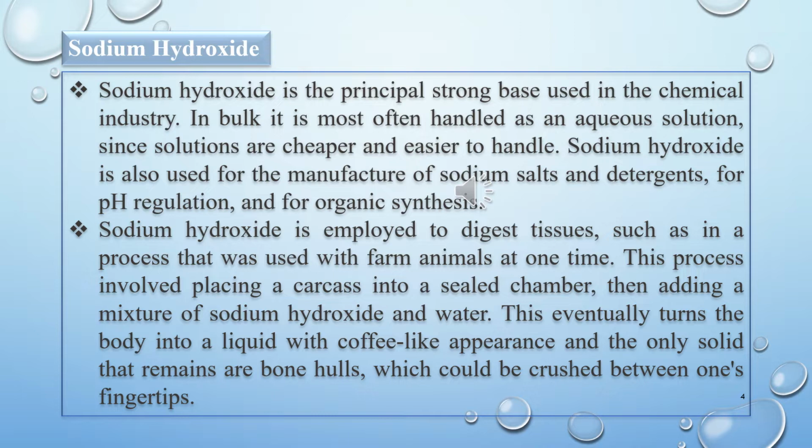And the remaining things are just bones, which are very soft now, which can be crushed by fingertips. So this is the main introduction of sodium hydroxide, in which we have discussed that sodium hydroxide is a principal base. And the second point is that sodium hydroxide can be used to digest tissues.